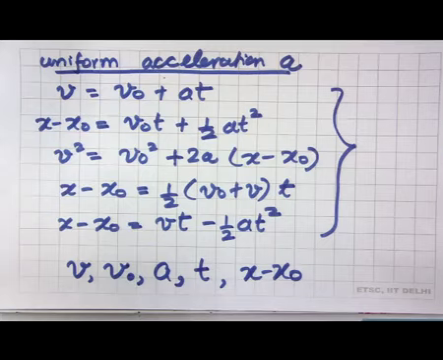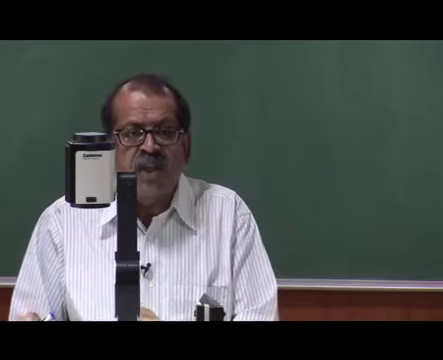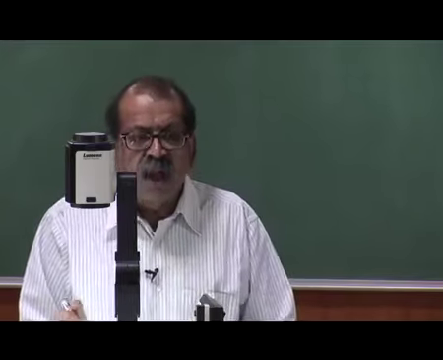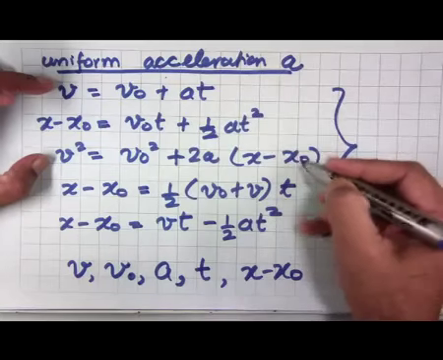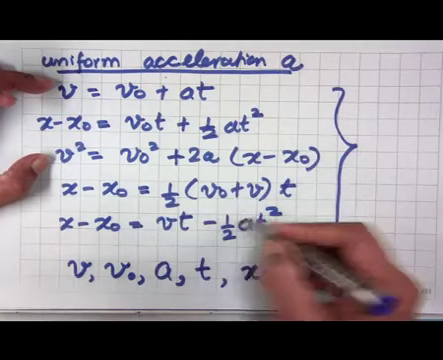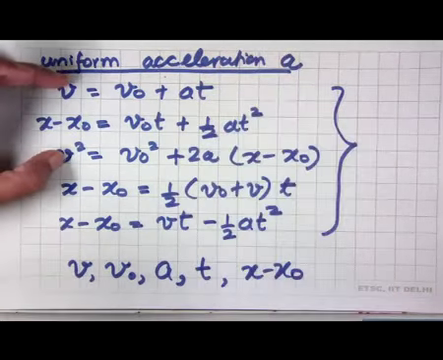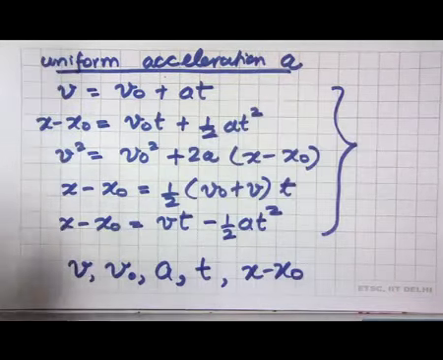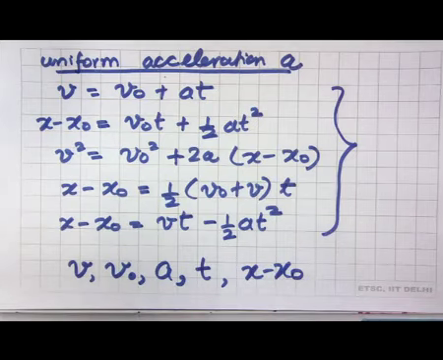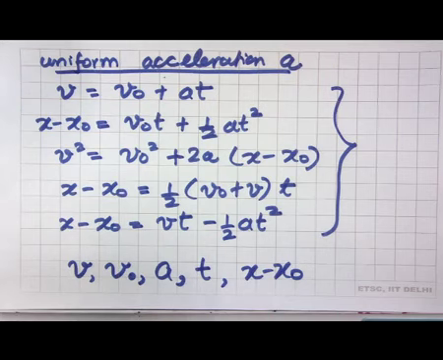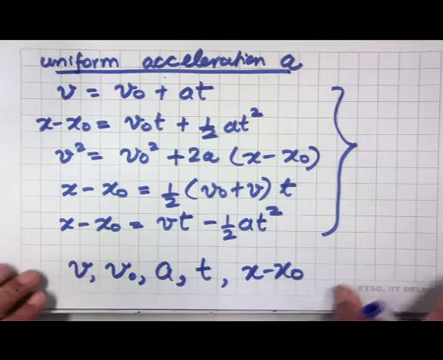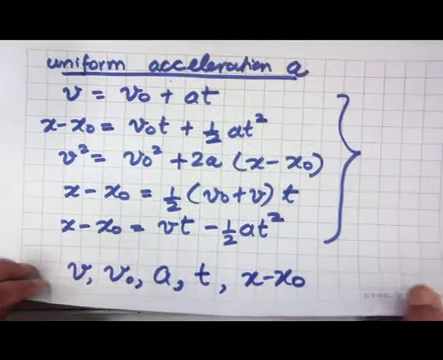So, depending on what is given and what is asked for, you have to use an appropriate formula. Normally, the first 3 formulas are enough. The other 2 formulas directly fall from the first 3 formulas, and we use these. And sometimes for the displacement, instead of x minus x0, you will find the symbol s being used, and so people remember these formulas as s is equal to v0 t plus half a t square.